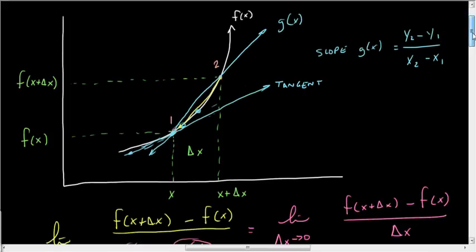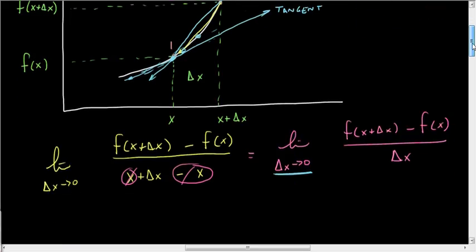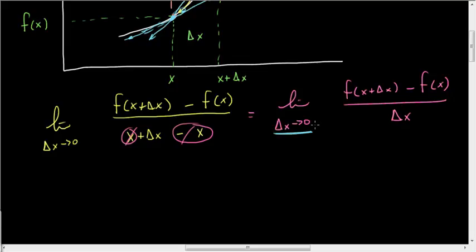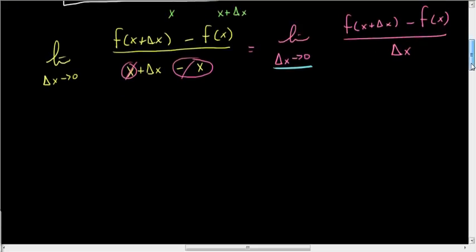Okay, so now it's going to approach it as delta x squeezes down to 0. Our secant lines are going to become closer and closer to tangent lines.